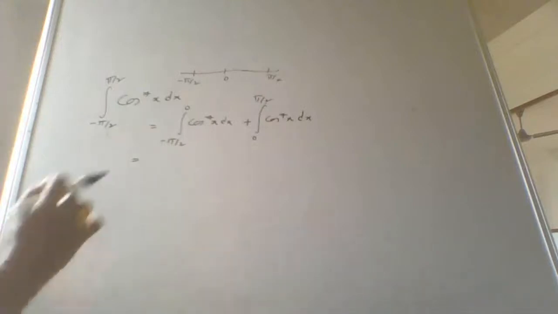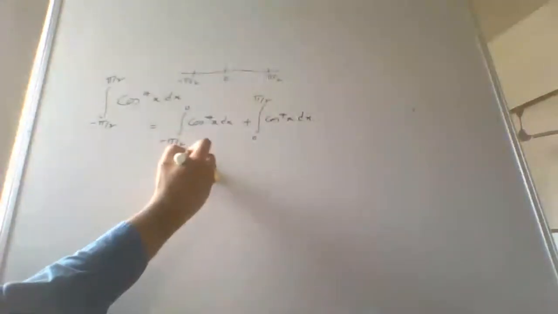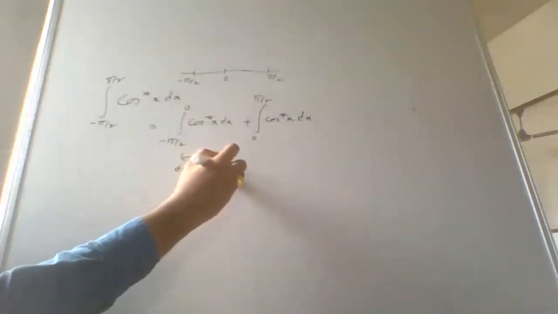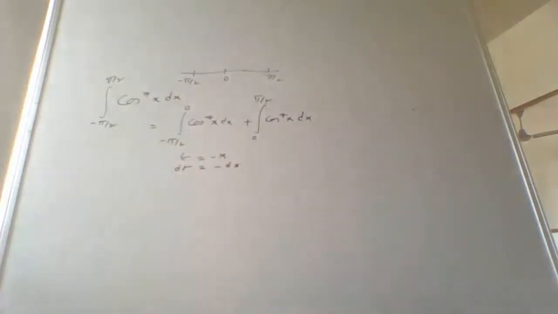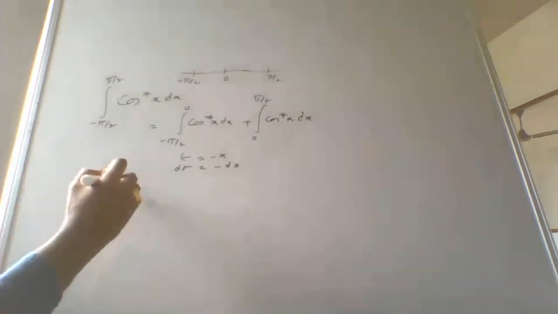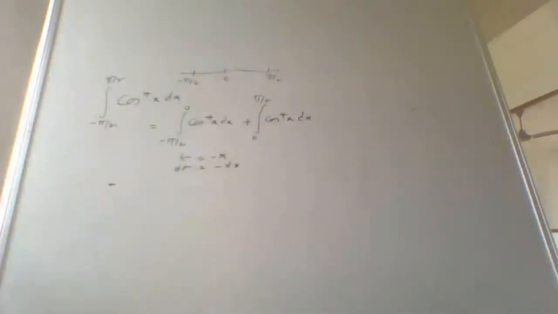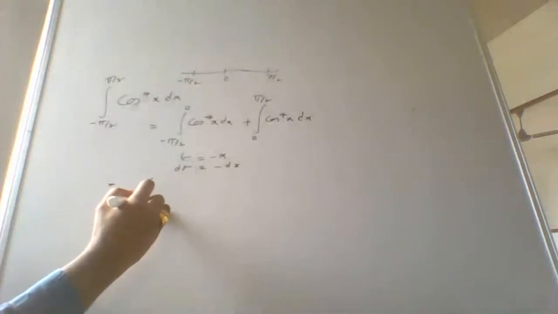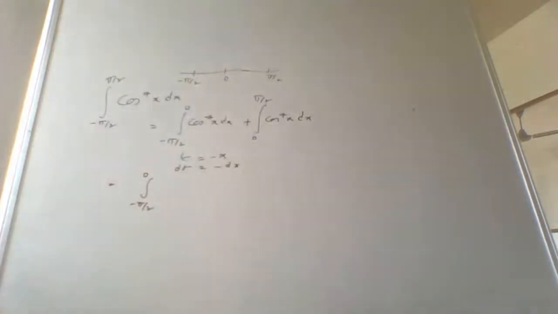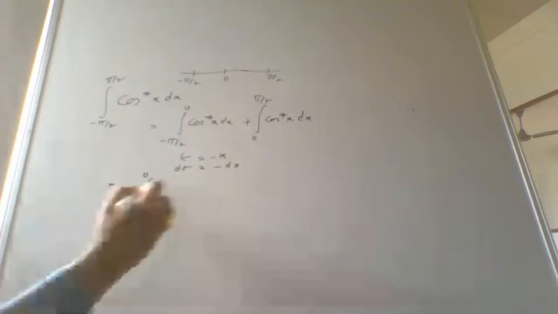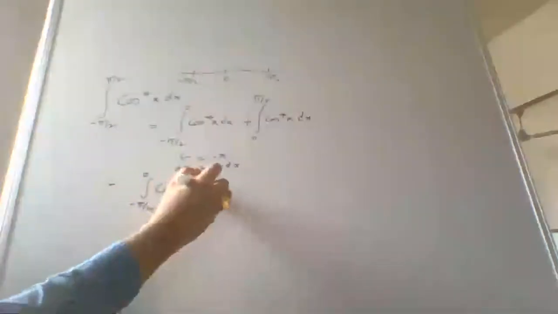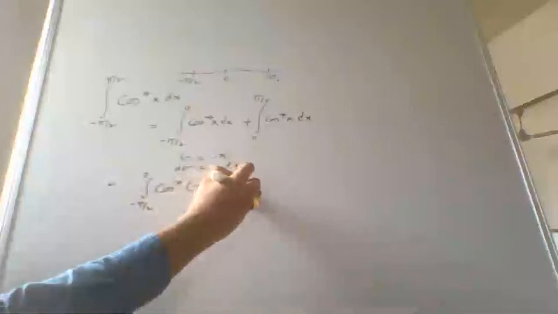Now if I substitute t as minus x, then dt will be minus dx. Let us put that here. So I get minus pi by 2 to 0 of cos 7 of minus t, and this is minus dt.